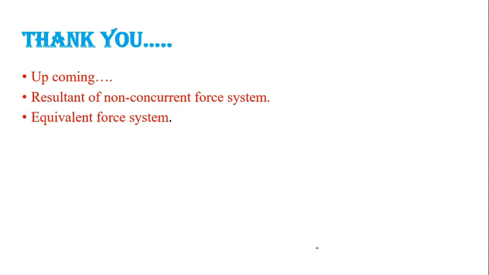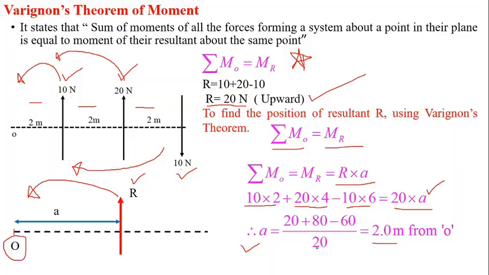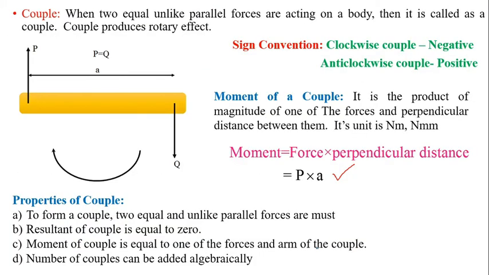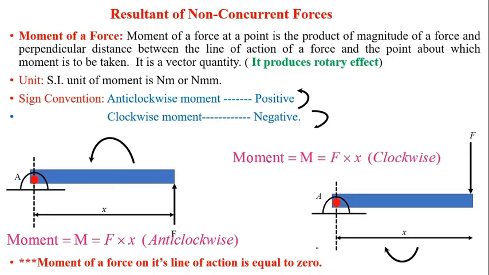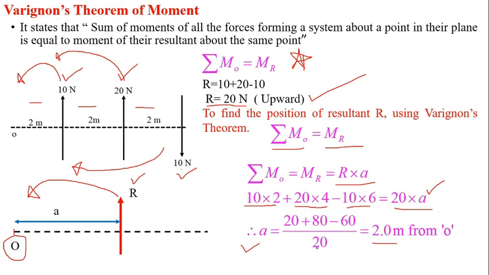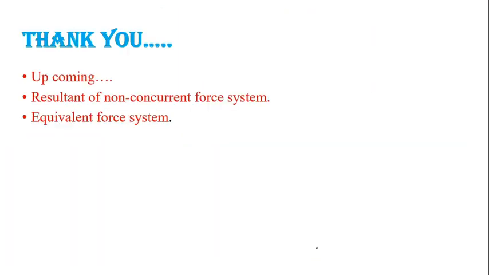Now, after studying all these contents, that is equivalent force system, Varignon's theorem of moment, resultant of parallel forces, couple, concept of moment, etc., one can determine the resultant of a non-concurrent force system. So during the next session, we will be discussing the resultant of a non-concurrent force system as well as finding equivalent forces.